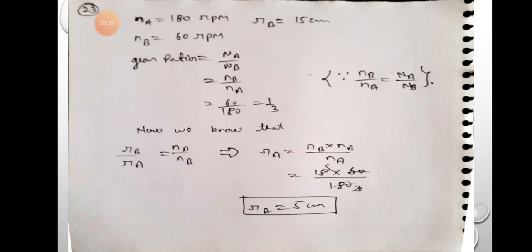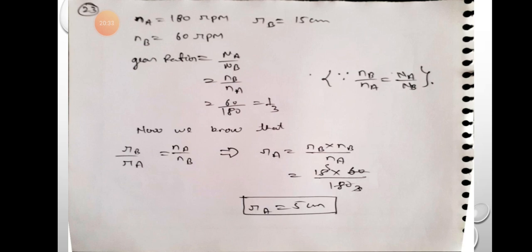First we have to calculate the gear ratio. So gear ratio is equal to NA upon NB. Now from the formula, NA upon NB can be written as NB upon NA. So I have written NB upon NA, and NB is equal to 60 and NA is equal to 180. So on solving we get 1 upon 3. So 1 upon 3 is your gear ratio.